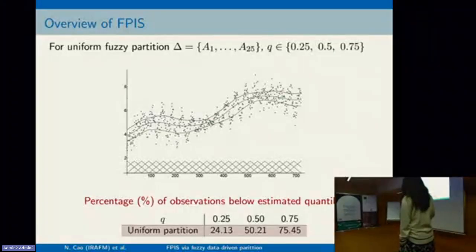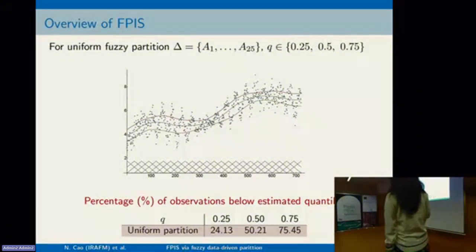The simplest way, as we know, is to count the percentage of the points below the curve. Here we take 25%, median and 75%, and it is quite close for this example also. Here there are just 25 fuzzy partitions, and this is uniform.